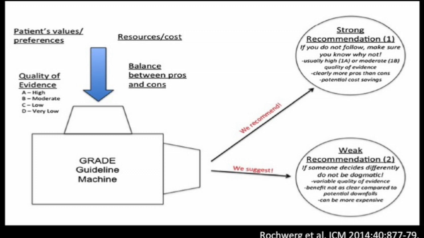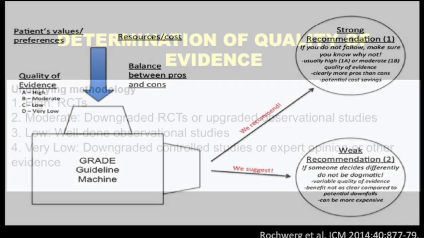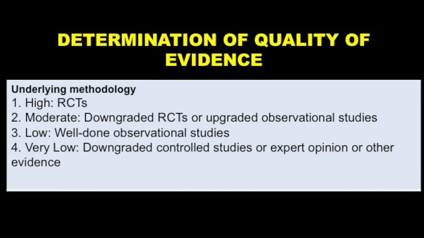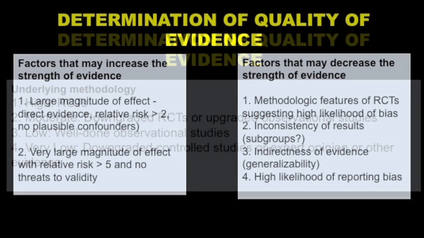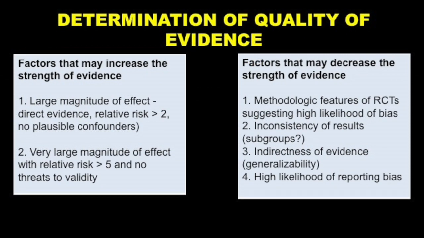And we are talking about quality of evidence. Obviously, high quality evidence is randomized controlled trials. Moderate might be biased RCTs or upgraded observational studies. Lower quality might be really well-done observational studies, and very low probably aren't in the guidelines. And if you've got an RCT or an observational study that's got a huge magnitude of effects, no confounders, or no threats to validity, you might even upgrade that.